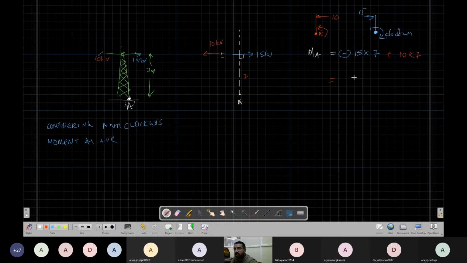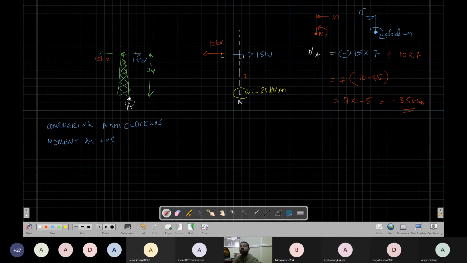If I take 7 common, it is 7 times (10 minus 15), which is 7 times minus 5, equal to minus 35 kilonewton meter. So minus 35 means the net moment is minus 35 kilonewton meter, in the clockwise direction.